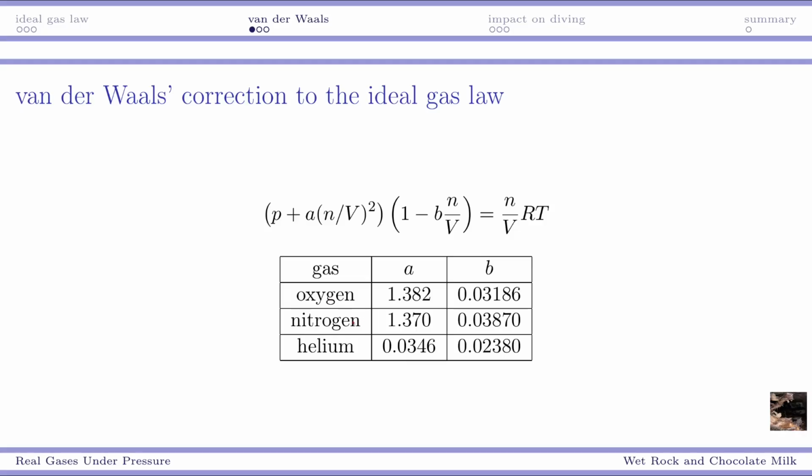We don't really dive with nitrogen or helium. I mean, we put it in the mix if we're talking about trimix or nitrox or just air diving, but realistically, most of the gases that we have will not be one of these three. So the first thing that we need to do is find these A and B values for any given gas that we actually have in the cylinder.